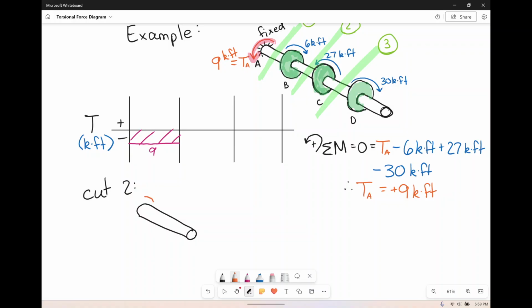Alrighty, so again, we've got our 9 kip foot reaction force going around. Then we have, I'm not going to draw the disc, okay? We've got 6 kip feet going around this way. And then we've got our cut, and the cut's over here.